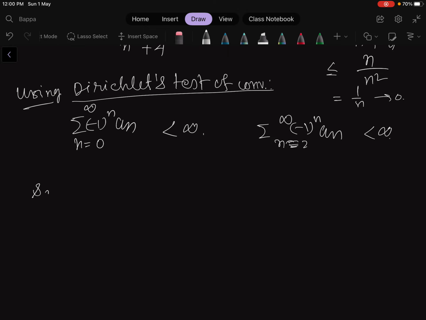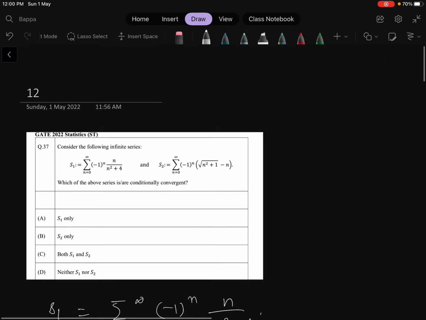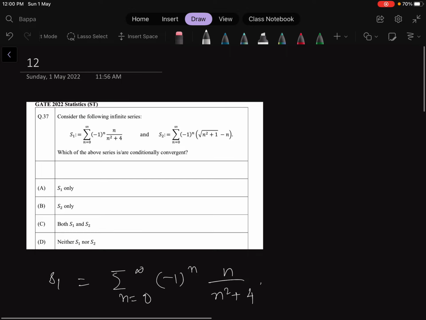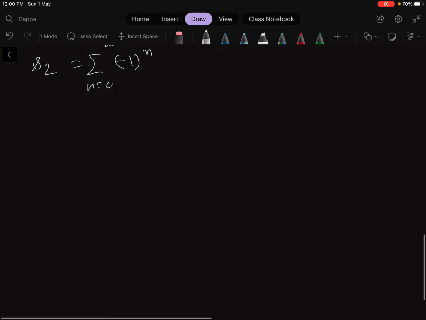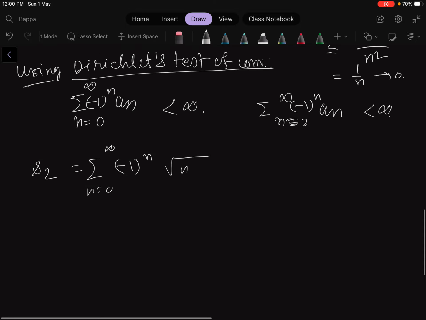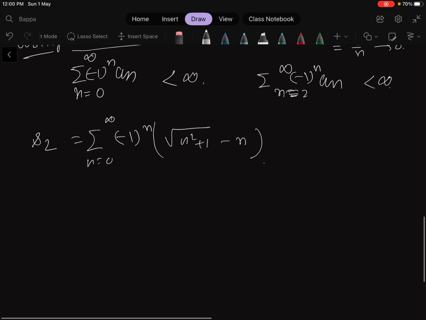Now the second one, S2 equal to (-1)^n, summation n equal to 0 to infinity, root over of n square plus 1 minus n. Now you look at a_n equal to root over of n square plus 1 minus n.